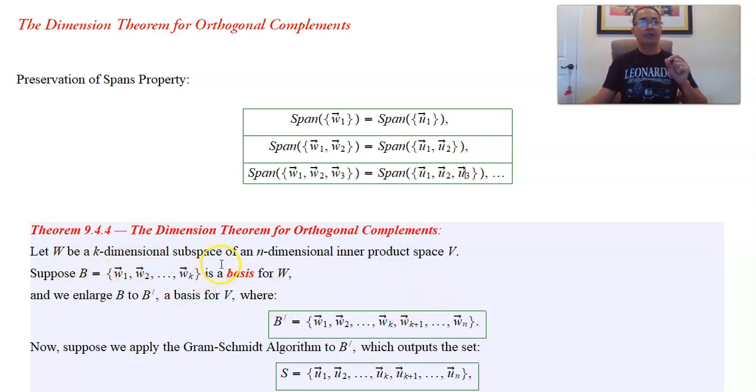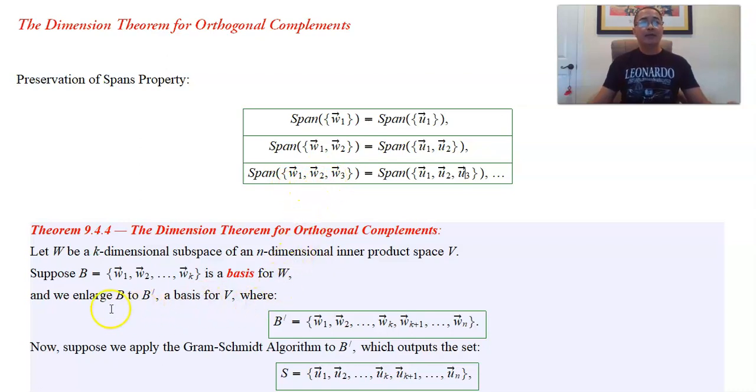Suppose that W is a k-dimensional subspace of an n-dimensional inner product space V. Suppose that w1 through wk is a basis for W. So that should start matching with our notation here.